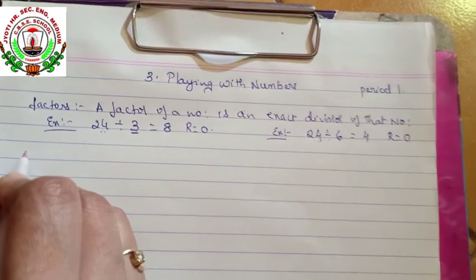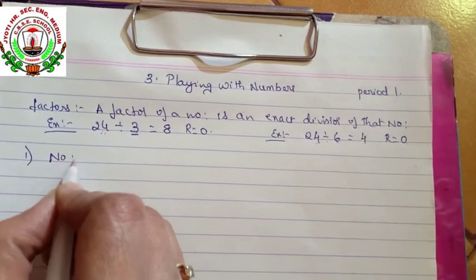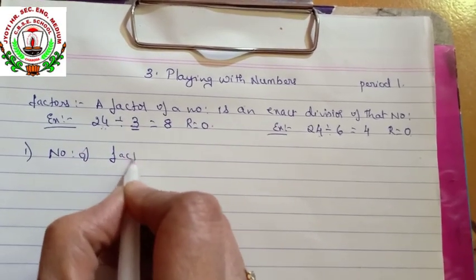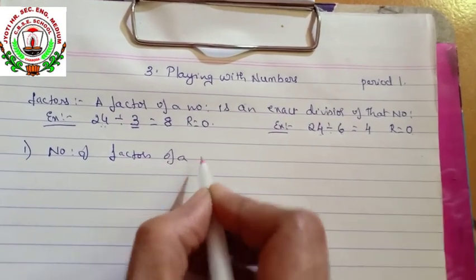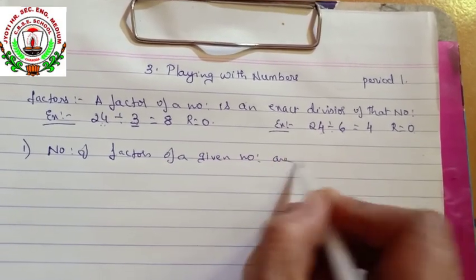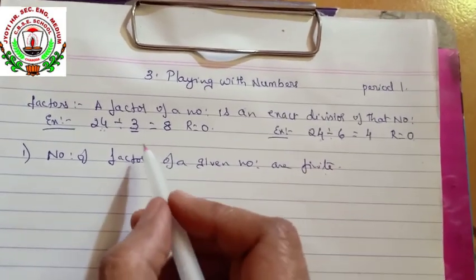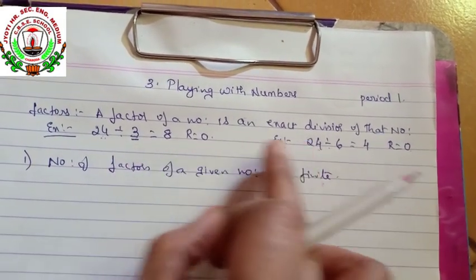Next, properties of factors. The first one: the number of factors of a given number is finite. The meaning of finite is that there are limited factors.